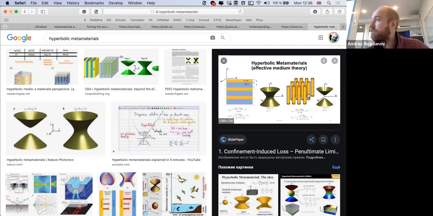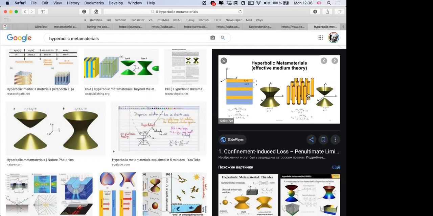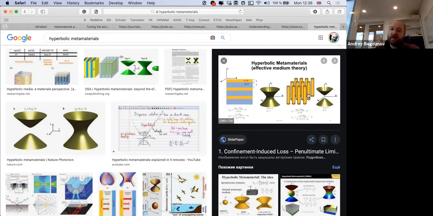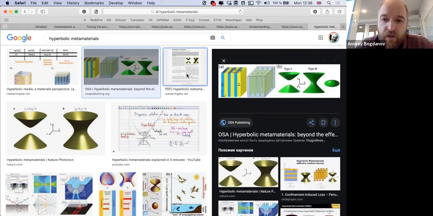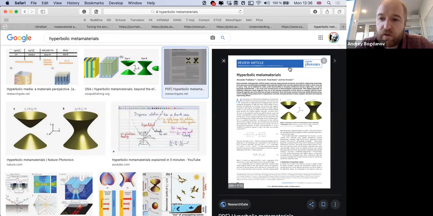Any ideas? You'd have a propagation constant in some directions. Yes, that is true. There are some forbidden directions. But there are two important things. First, if we consider this classical case, this is the most cited paper of ITMO University.